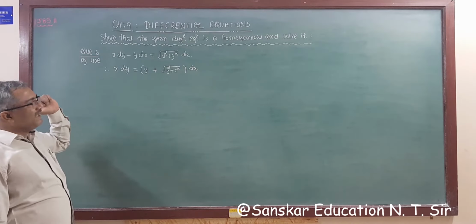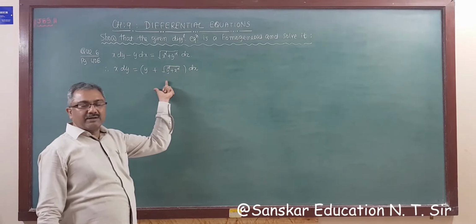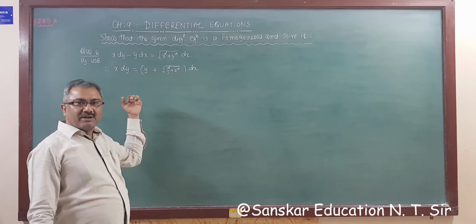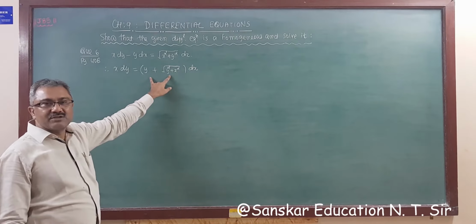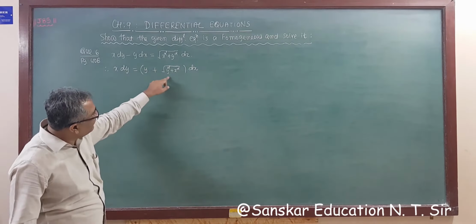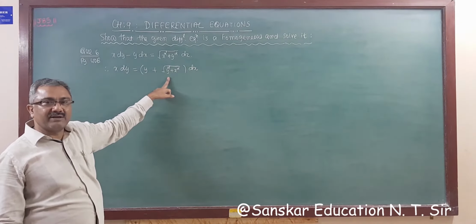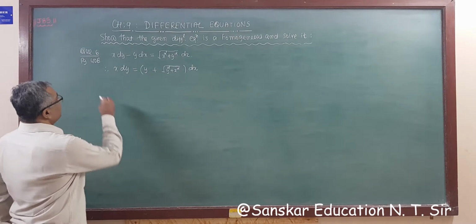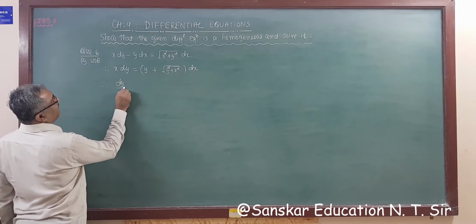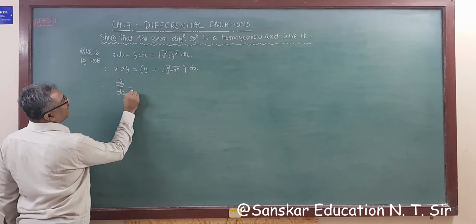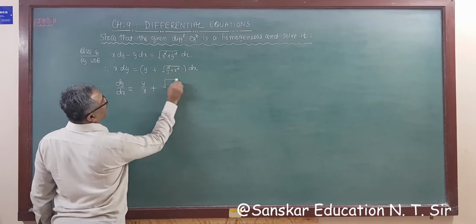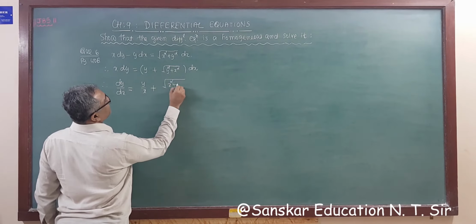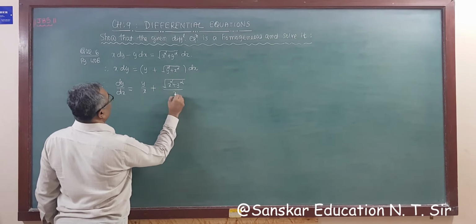Now we require this function in dy by dx form. Either we write dx by dy, but see, if we write x upon this, then this is not integrable. But if we take x to here, then it is integrable. So that's why I'm writing dy by dx is equal to y by x plus under root x square plus y square upon x.